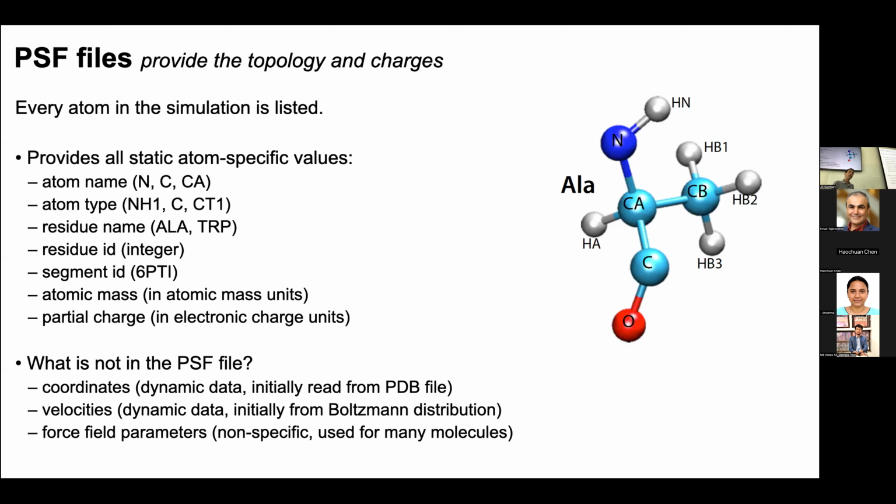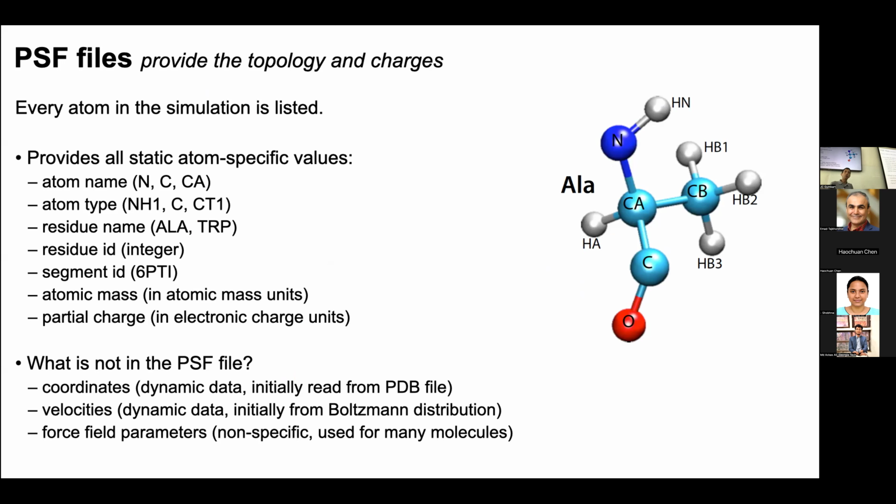So that's why we use something called PSF files, or protein structure files. This also has all the atoms in your simulation system. So in that sense, it will duplicate some of the information from the PDB, like the atom name, the res name, the res ID, but it will also have additional information like the atom type.